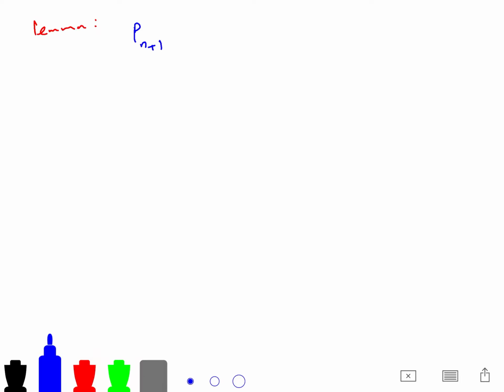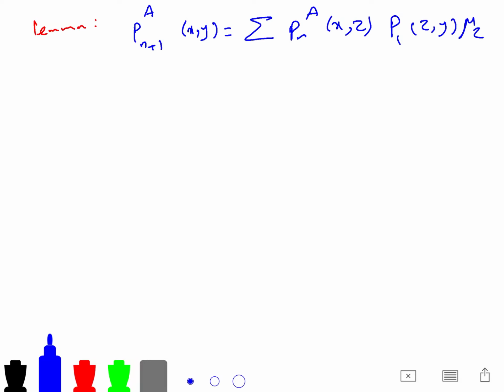So P_{n+1}^A, same as usual, but we add A as well because we're restricted to the set A. The lemma says that it is P_n of, first we go to z, and then from z, in just one step you go to y, times mu(z). The summation is over all vertices, and because we have restricted ourselves to set A, it is restricted to A, and then P_n^A(x,z) P(z,y), so the same thing.